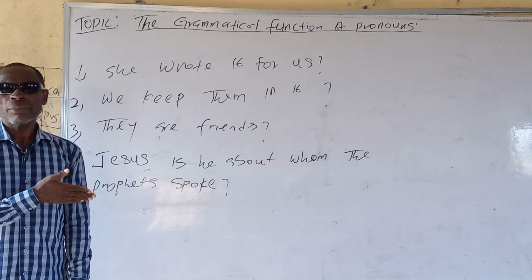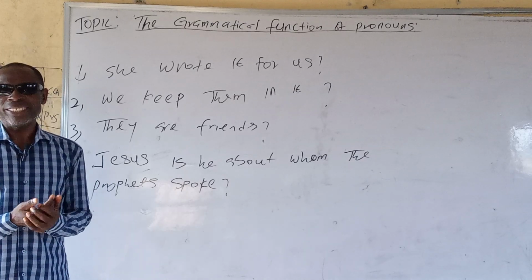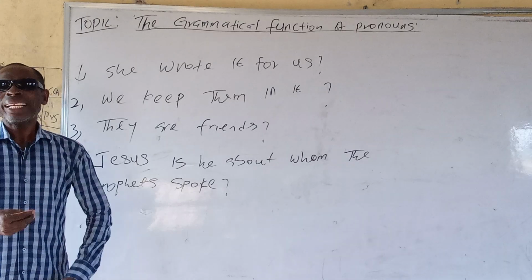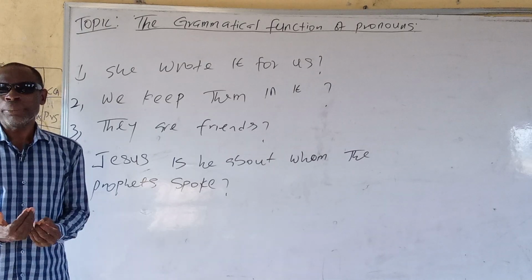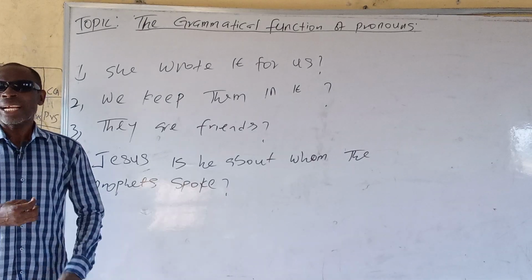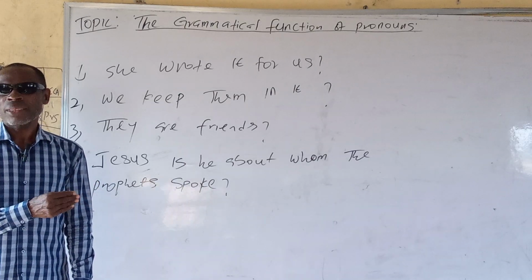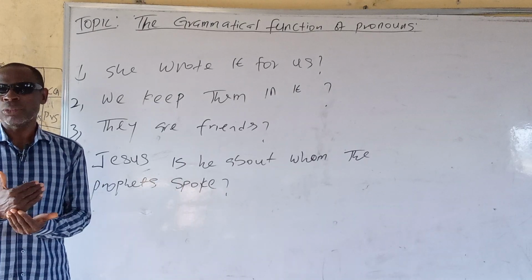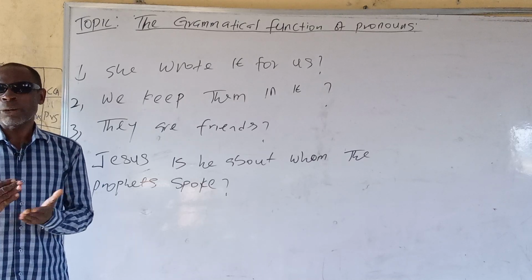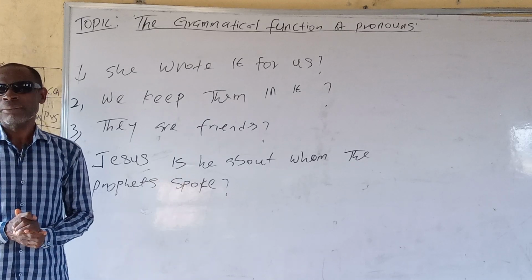In this sentence, Jesus, a proper noun, is the subject of the verb is, and he is following is immediately. So he is the complement of the verb is, as a word giving us additional information about the subject Jesus. If the complement is removed, you see that the sentence becomes incomplete. The complement makes the sentence a complete statement.